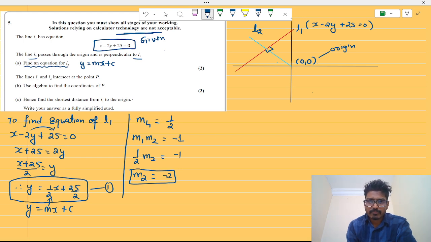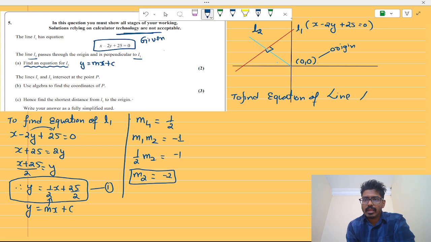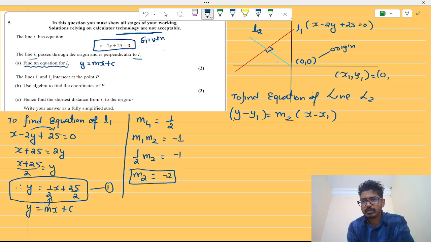Now we can find the equation of line L2. We can use y minus y1 equals m2 times x minus x1. Since the line is passing through the origin, x1 and y1 are 0 and 0.